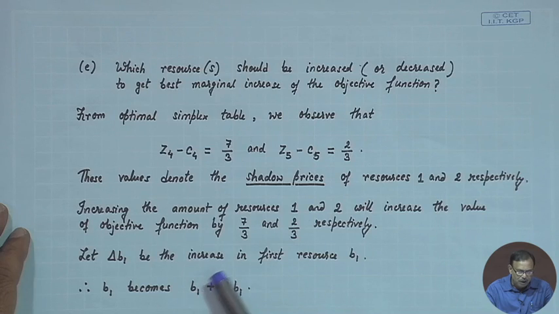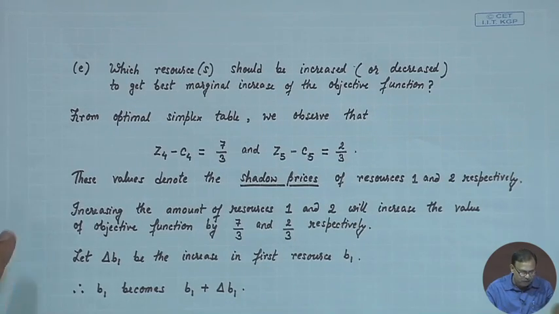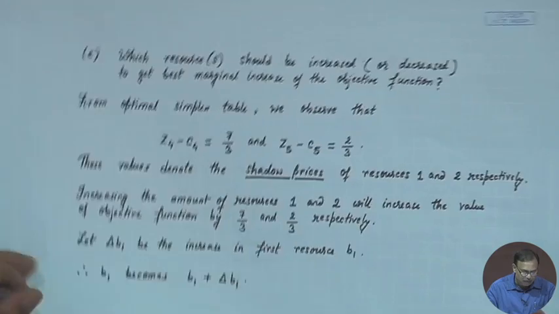Now, suppose delta B1 is the increase in the first resource. If B1 is the initial resource and we increase it by delta B1, then B1 becomes B1 plus delta B1.